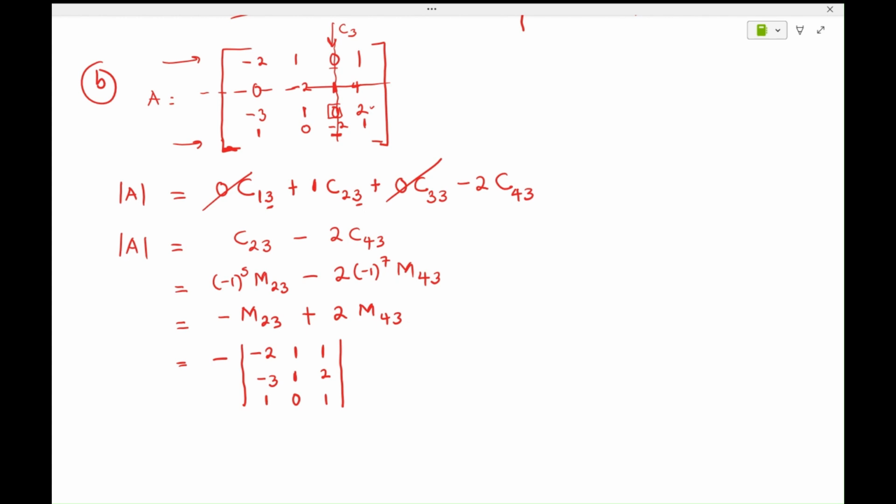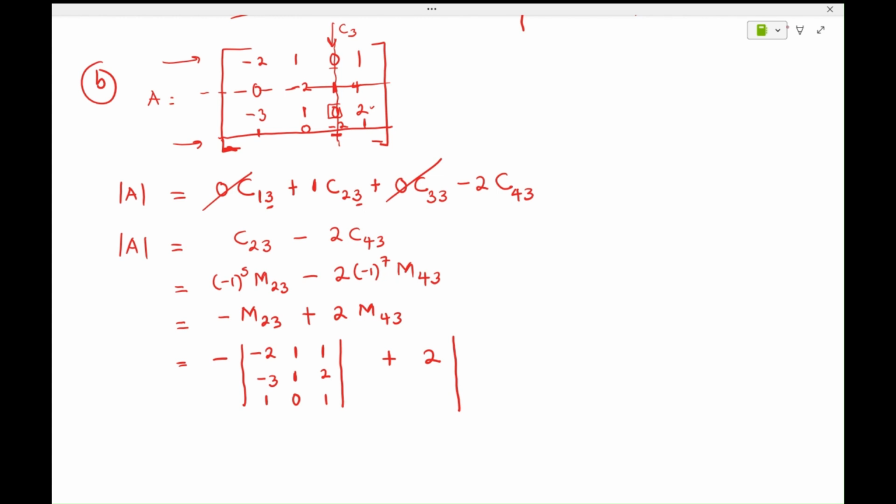All right. Then plus 2. Now you have here M43. So since it's 4, 3, we delete the fourth row and third column in this case.